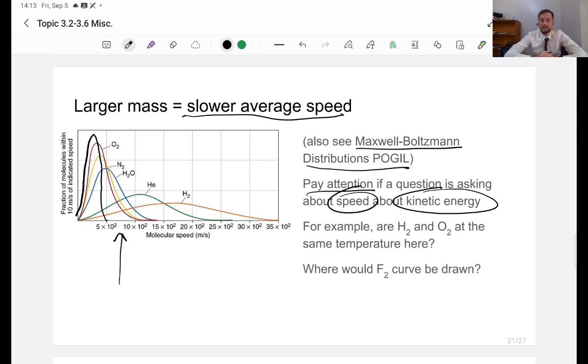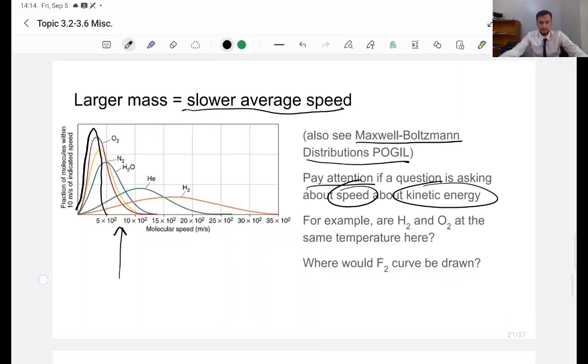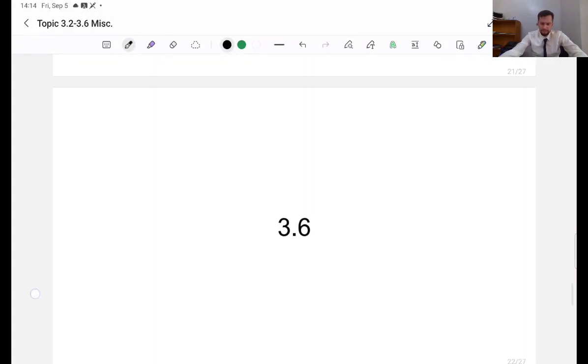Because it has more mass. And so there's even less variation in the average speed, and the average speed is slower because the mass is higher. And if you're confused on that, again, keep the difference between speed and kinetic energy straight in your head and look back at that Maxwell-Boltzmann distribution POGL. Or look up other resources too. I'm not offended when you do that, obviously.